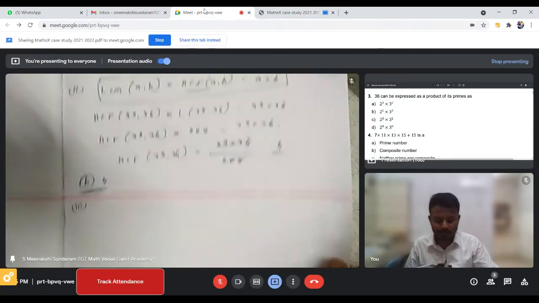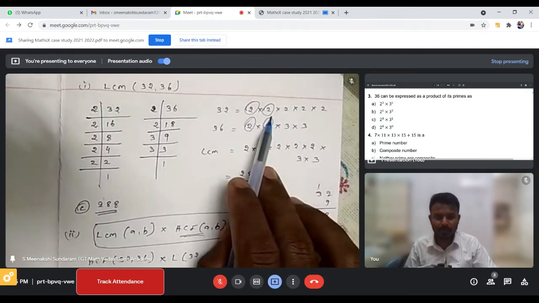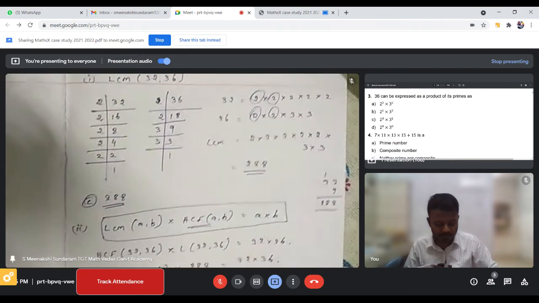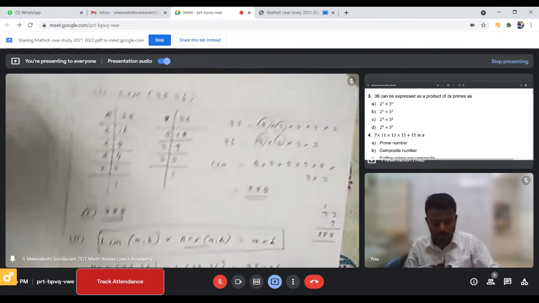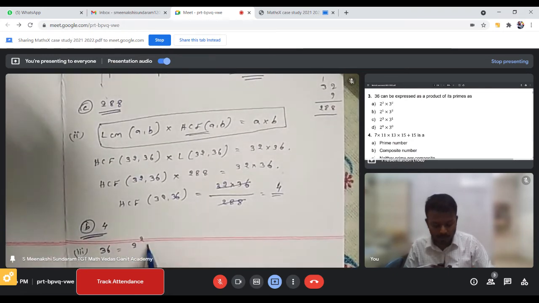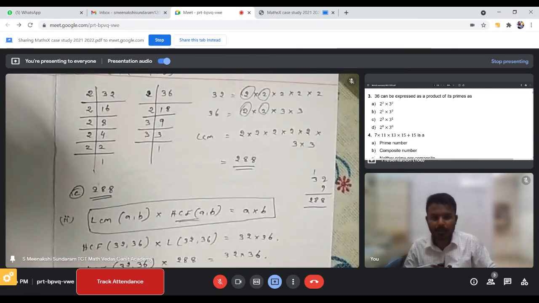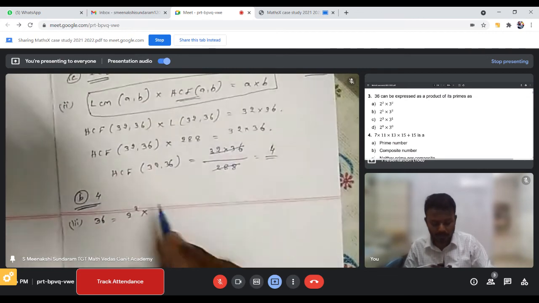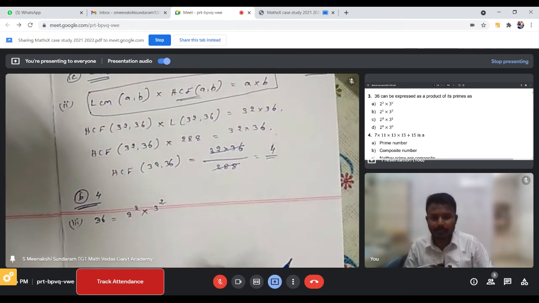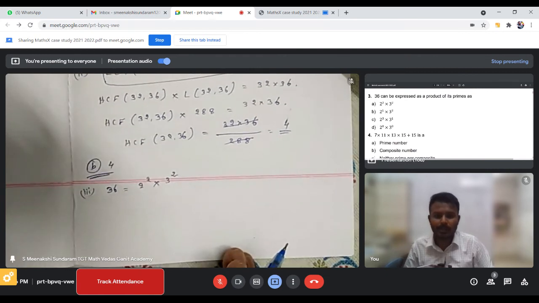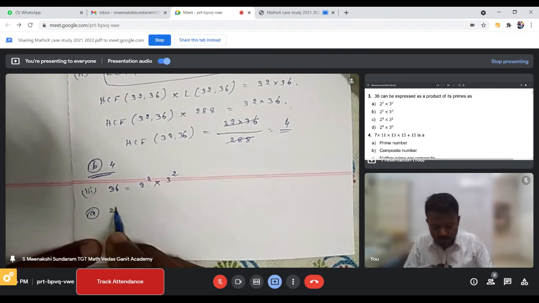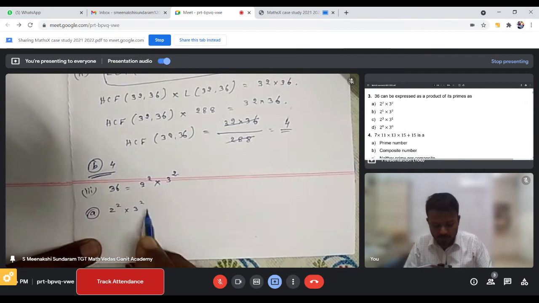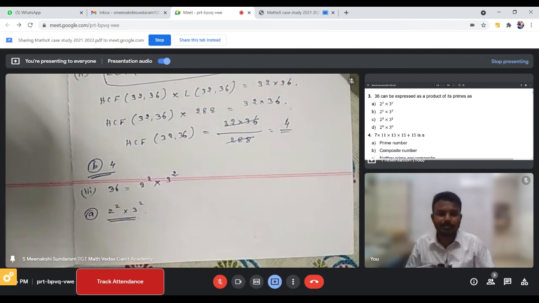So we can write 36 as 2 square into 3 square. So the answer is 2 squared and 3 squared. Where is 2 squared and 3 squared here? Option A, 2 squared into 3 squared. Have you all clear? Okay.